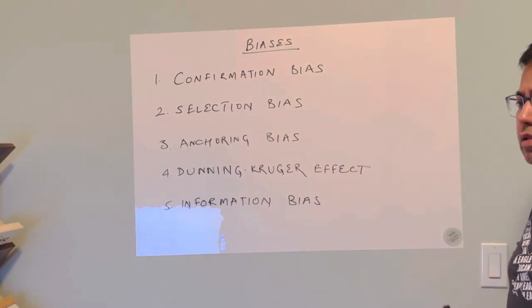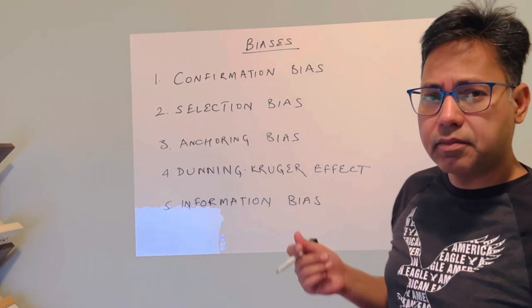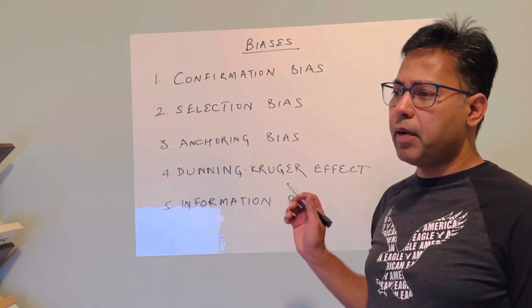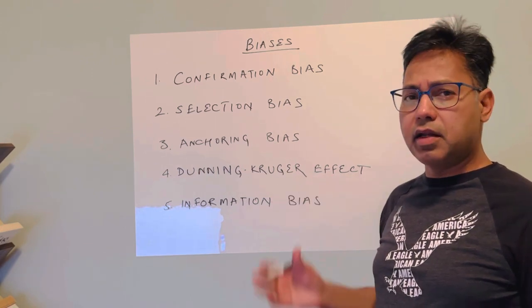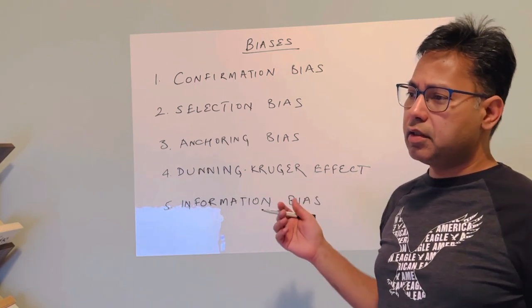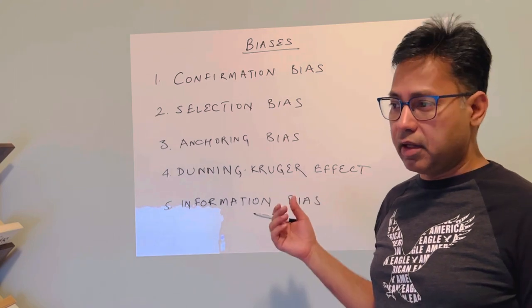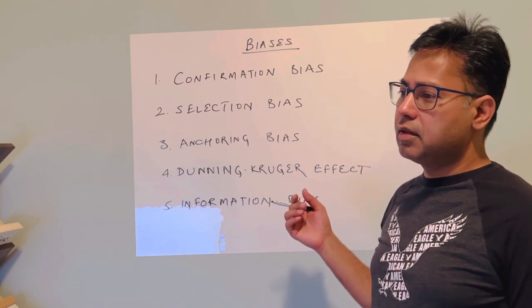The first one is confirmation bias. This type of bias refers to the tendency to seek information that supports something that you already believe.